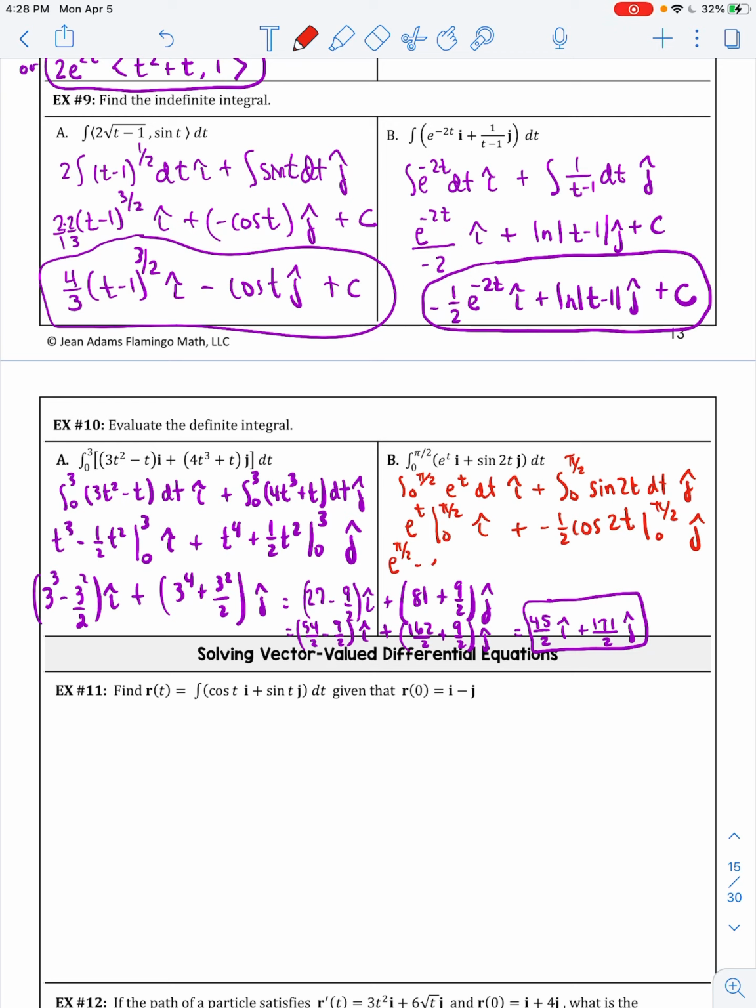So e to the pi over 2 minus e to the 0 times i plus negative cosine of pi, because the 2's would cancel, divided by 2, minus a negative, which would be plus cosine of 0 over 2 times j.